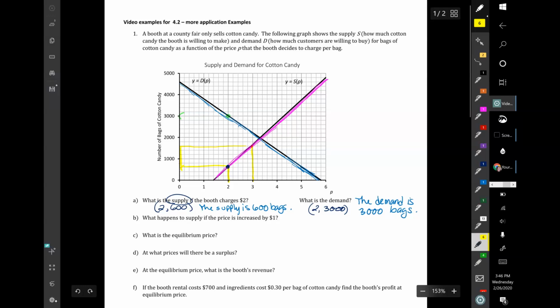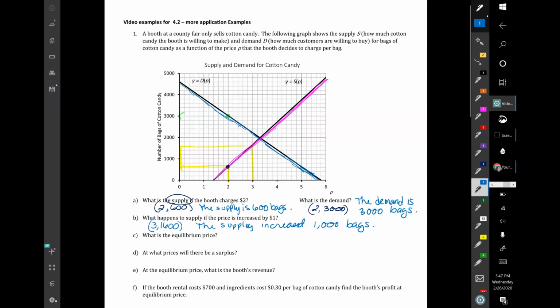Compared to my 600 earlier, my supply will increase by 1,000 bags. So for an increase of $1, the supply increased by 1,000 bags. It was 1,600 total, but the increase from our 600 earlier was 1,000.